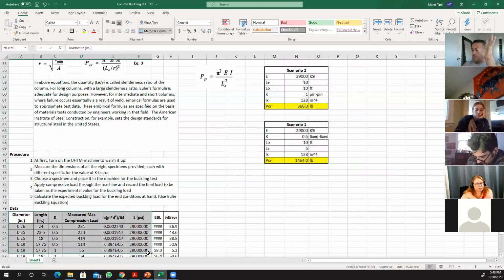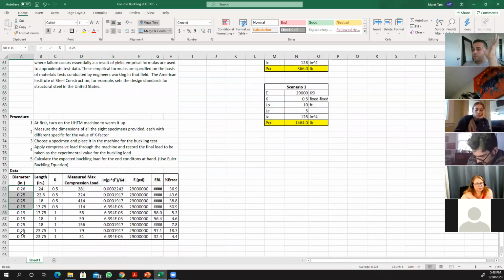In the experiment, we're gonna have 9 or 10 different samples in different diameters. As you can see, one of them is 0.26, 25, 19, which is gonna tell me the effect of the diameter, how an increase or decrease in diameter is going to affect the peak critical load.